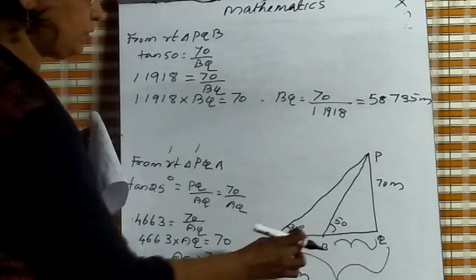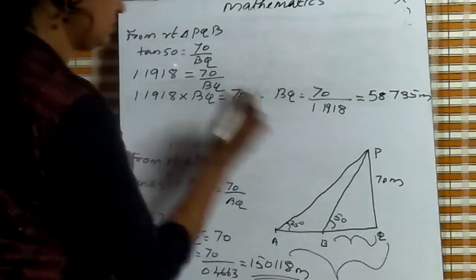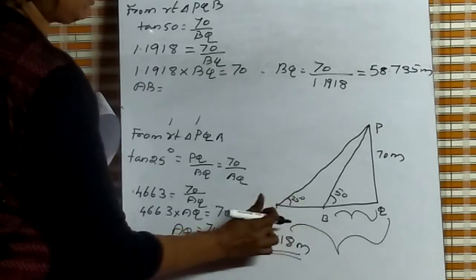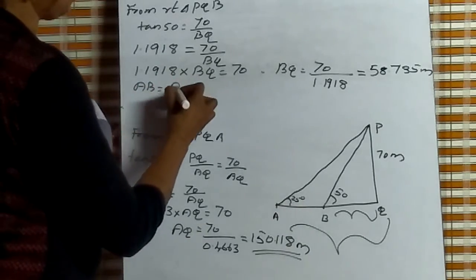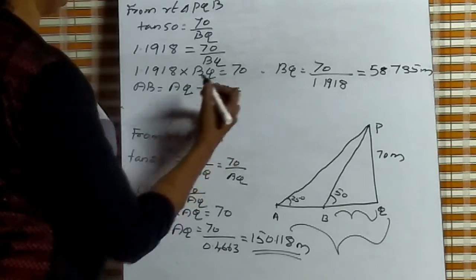Here we get BQ and AQ. We have to calculate AB. AB is equal to AQ minus BQ. AB means the distance between the two persons. What is AQ?